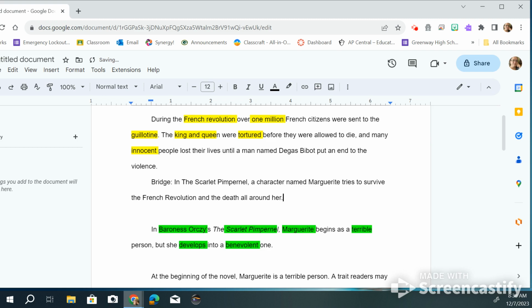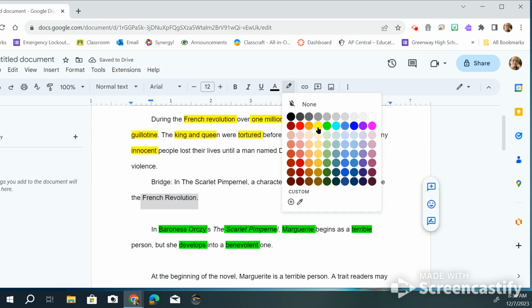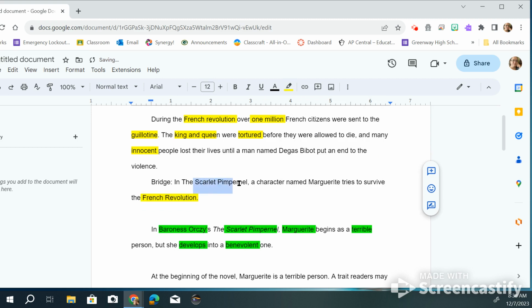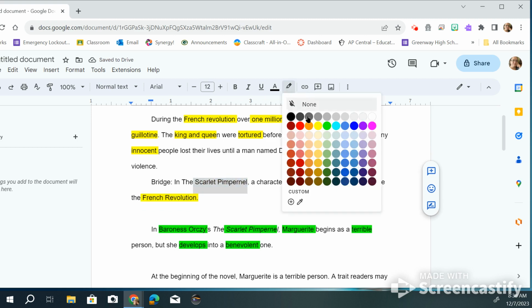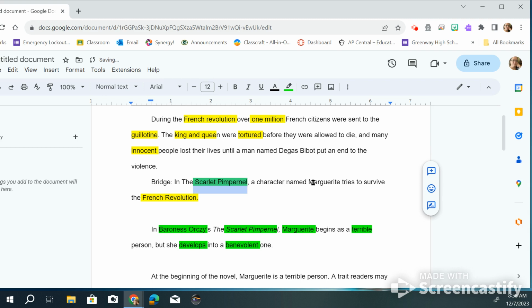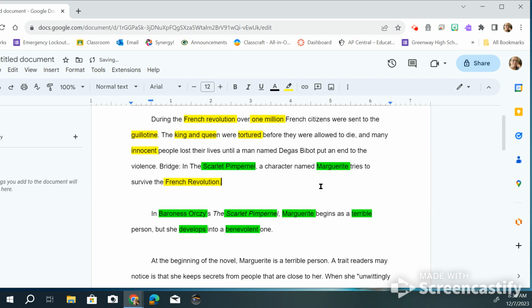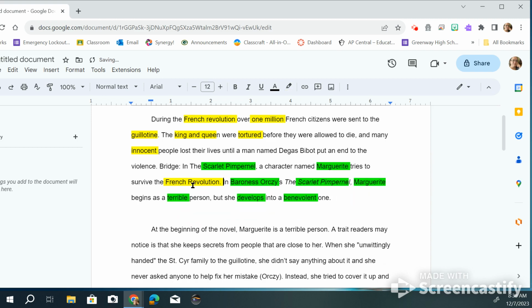Yeah, I actually don't even need "and the death all around her." I can just stop right there. And dude, that is a bridge because French Revolution comes from the top. Scarlet Pimpernel comes from the bottom, as does Marguerite. Any sentence that includes both top and bottom will be a bridge. And then I do some deletes and pull it all together.